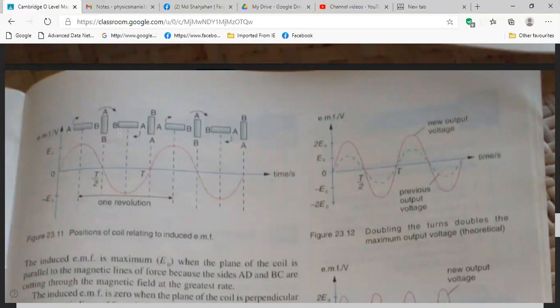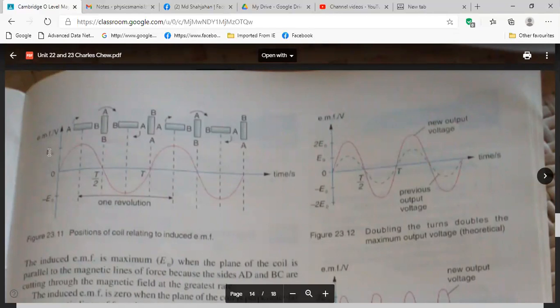Do you understand what I'm saying? Here we are showing E0, that is our maximum EMF when it is in AB position. This one is showing us displacement, that means from 0 we are getting some values.